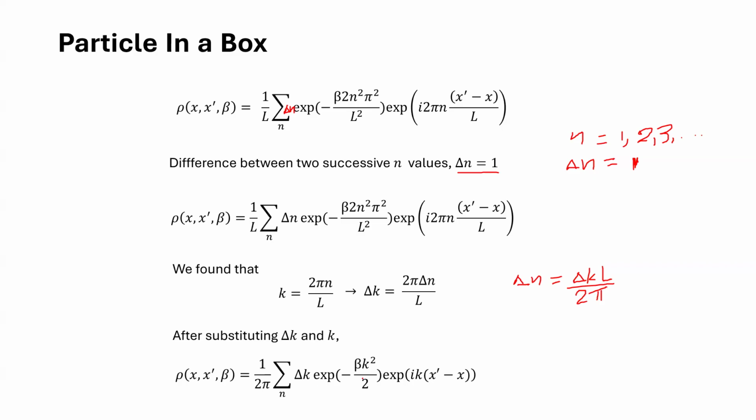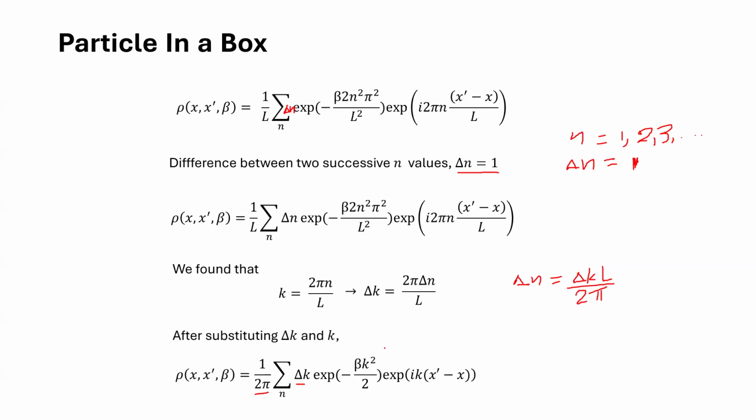I plug this here and get this expression. This L goes away because of the 1 over L factor, and instead of 1 over L, we now have 1 over 2 pi and delta k in this expression.